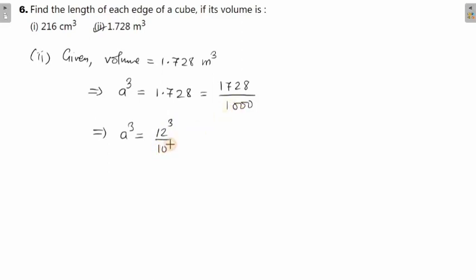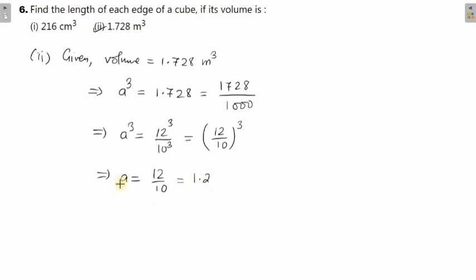If you factorize it, you get 10 cube. Or in other words you can write this as 12 by 10 whole cube, isn't it? So if a cube equals 12 by 10 whole cube, then the value of a will be 12 by 10. If you cancel the powers, you get a equals 12 by 10, which is 1.2.